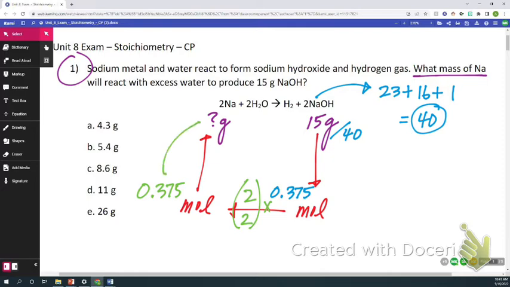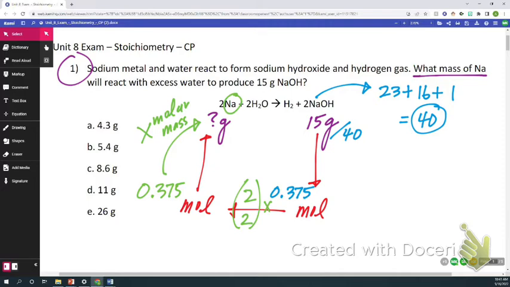And then you have to change it to grams. To go from moles back to grams, what do you need to do? Yes, Ronson? Yeah, very nice. You multiply by the molar mass, and this time it's the molar mass of Na.